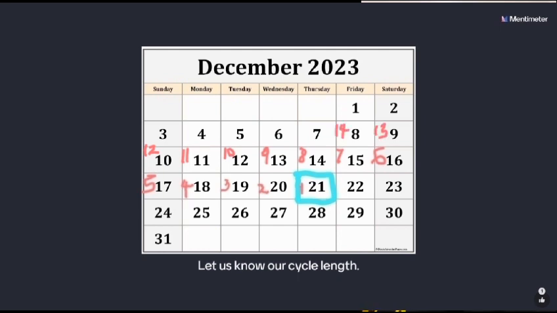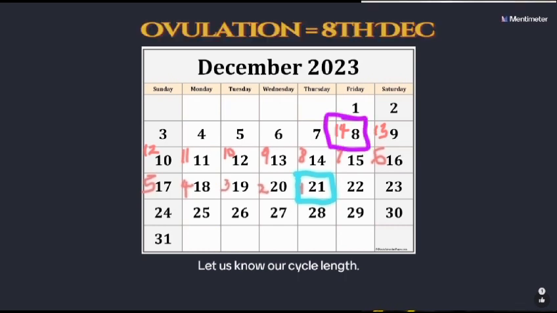So for this lady that has a 21-day cycle, whose period started on the 1st of December, she ovulated on the 8th of December. Okay? That's when she likely ovulated.